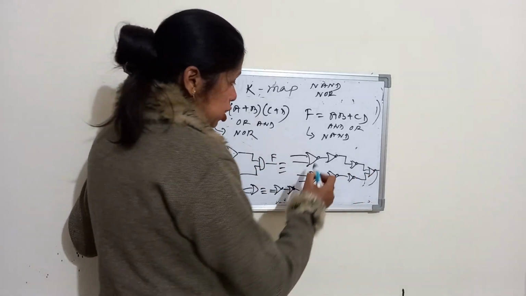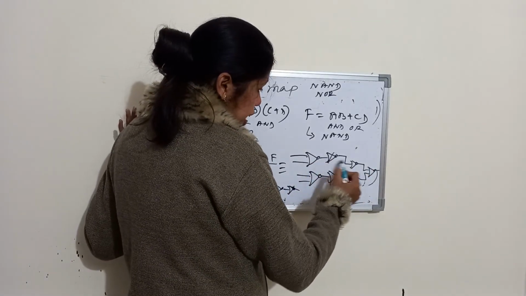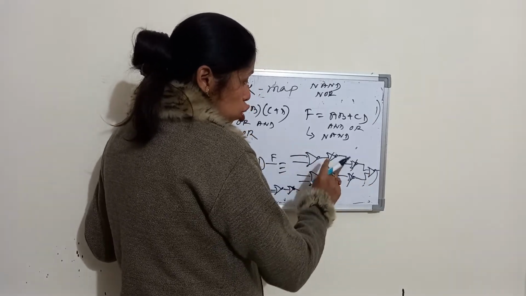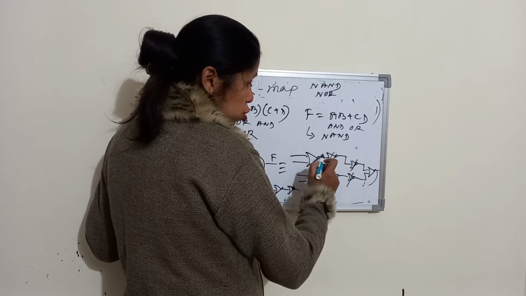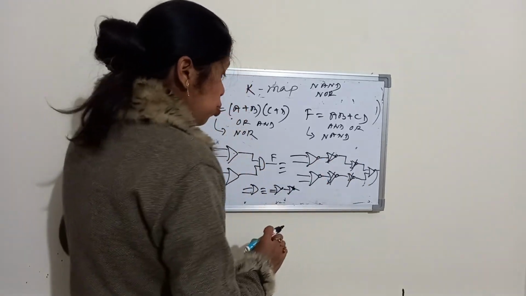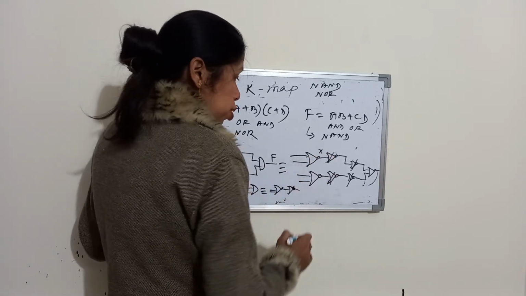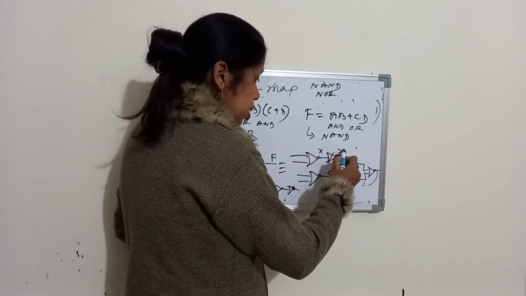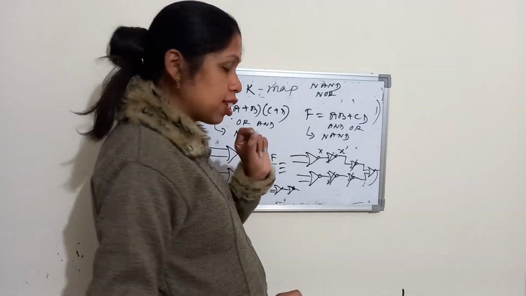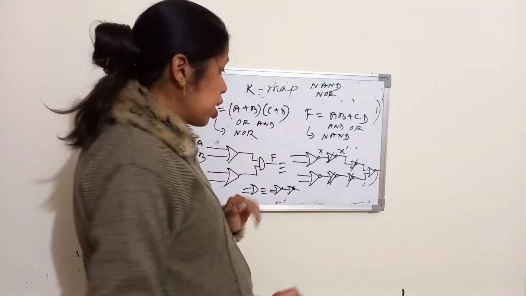Okay, now you can see here, these I can cancel. Why? Because the same two consecutive NOR gates are there, and for two consecutive you have single inputs. So you can cancel those NOR gates. Suppose you are getting X here. Okay, so here you will get X prime because one single input NOR gate is equivalent to one NOT gate. Right.